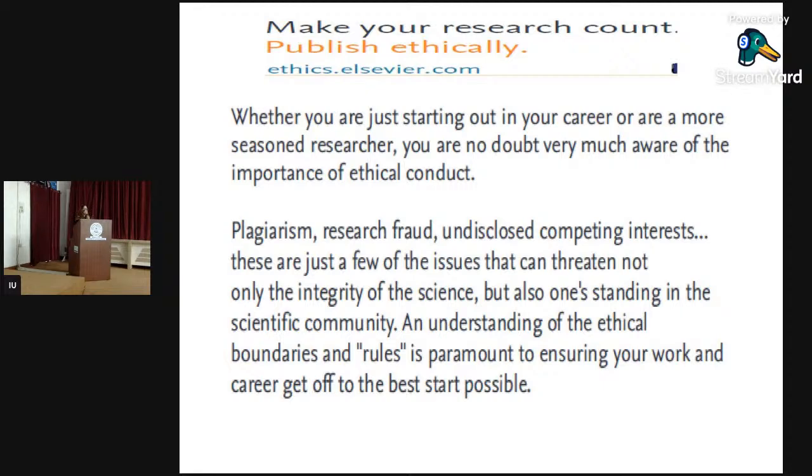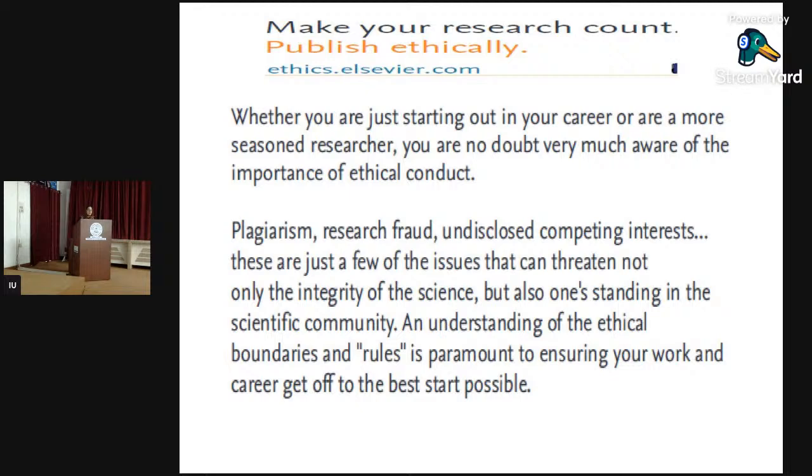A single-line answer to that would be, if you want your research to be cited by respectable research groups, if you want your research to count, you need to publish ethically. So make your research count. They say that if you have to make your research count, you should publish ethically.